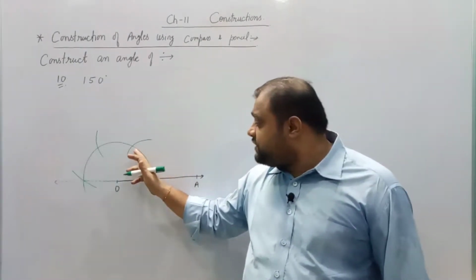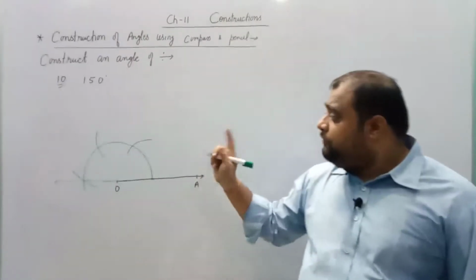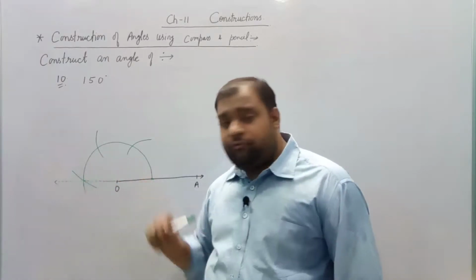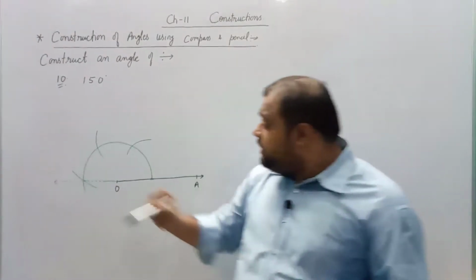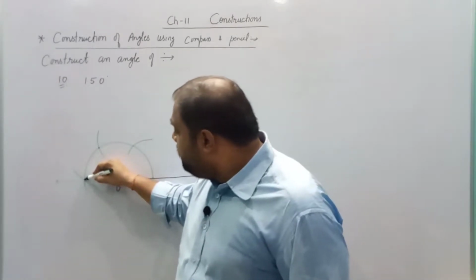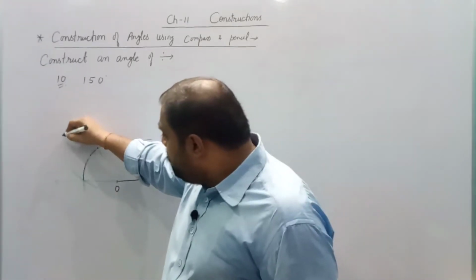To construct an angle of 60, 120 and 180. Now 150 is the bisector of 120 and 180. So taking this point as center and more than half of this arc, draw an arc.